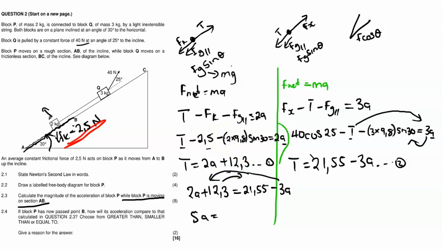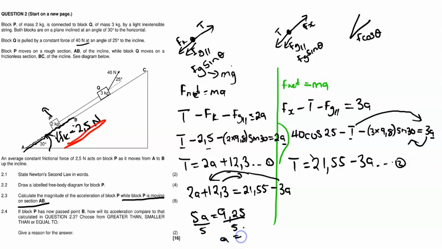So we've got 21.55 minus 12.3, and then we get 9.25, and then you divide both sides by 5 to get your a.